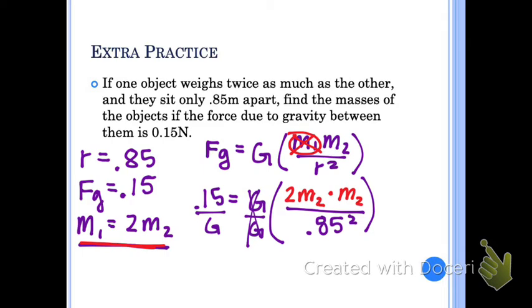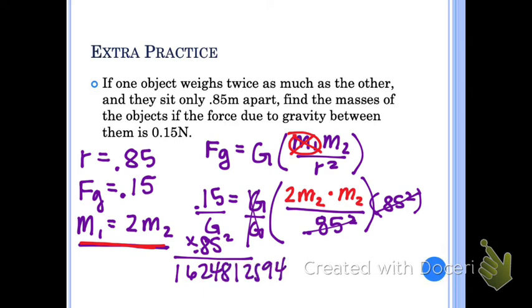After I've done that, I'm going to multiply by 0.85 squared. That gave me a value of 1,624,812,594. Right, it gave me this big number. Agreed? And that is setting up to equal what?